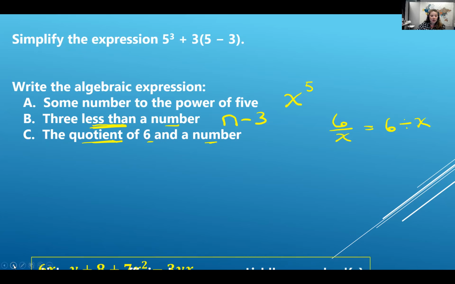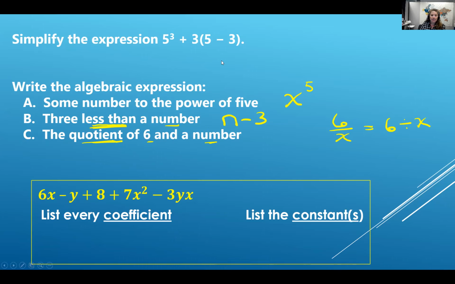All right, I think one more question. Here we have some terms. We have 1, 2, 3, 4, 5 terms. They want us to list the coefficients. The coefficients are the numbers being multiplied by our variable. So our first coefficient is 6. Now I don't see a coefficient here. As I told you earlier in the video, if you don't see a number, it's a 1.